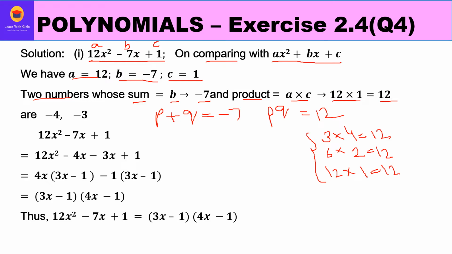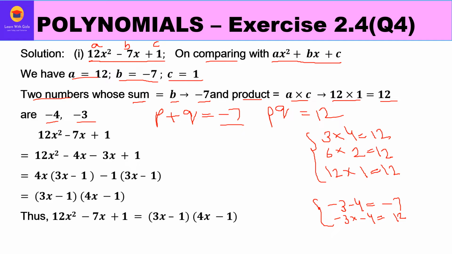Now also one more condition is there, that the sum should be minus 7. So if we have minus 3 and minus 4, I think we can get minus 7, right? And minus 3 into minus 4, the product is exactly 12. So both the conditions are fulfilled if we take minus 3 and minus 4. So these are the two numbers which we are looking for.